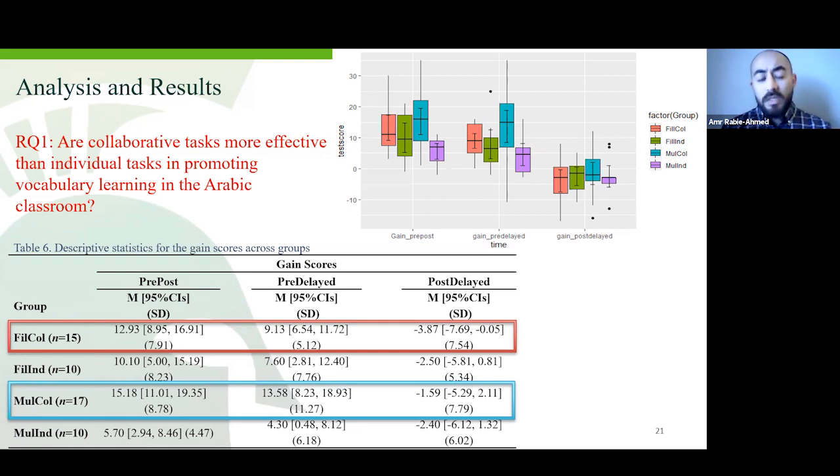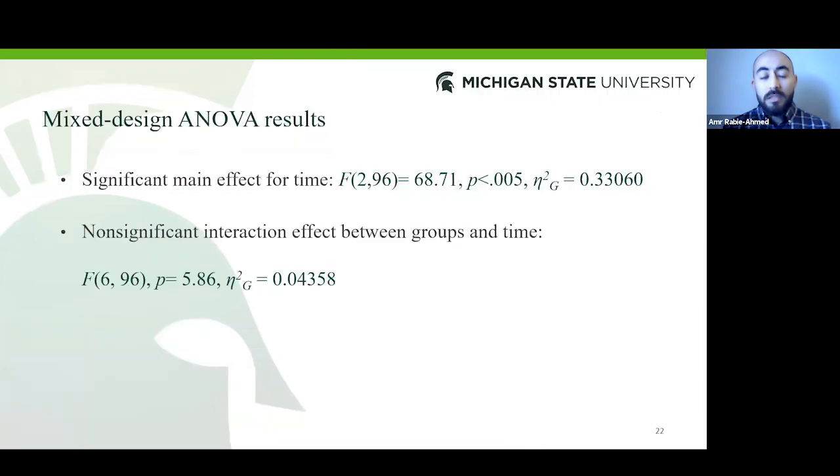To see whether there is significance between any of the groups and the tasks, we conducted a mixed design ANOVA, and the results showed a significant main effect for time, but a non-significant interaction effect between groups and time. So this means that, as predicted by the descriptive statistics, everybody gained regardless of the task or the condition. There is no significant effect based on the task itself.